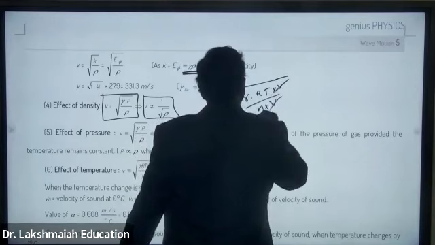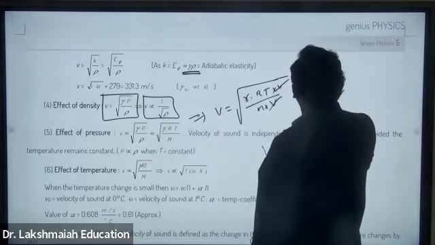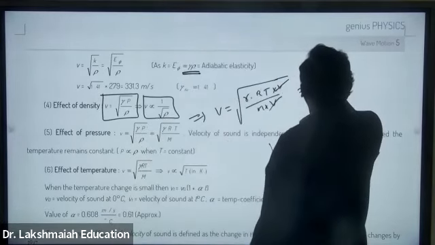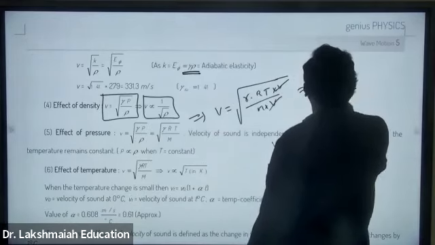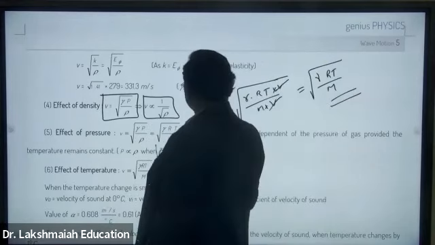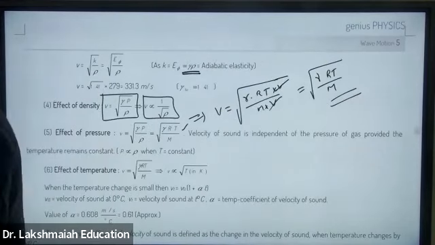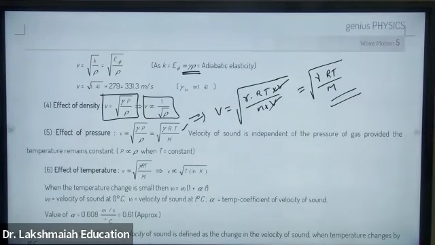So volume gets cancelled. So he has written the equation as root of gamma into RT divided by M. Any doubt? Please ask me.